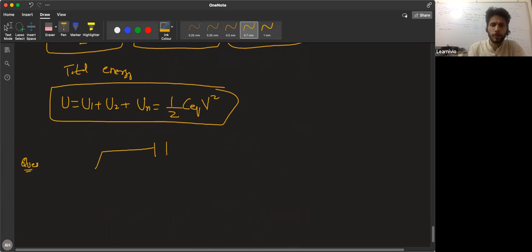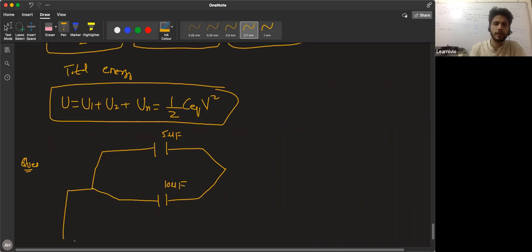You have two capacitors, one of 5 microfarad and another of 10 microfarad. They are connected in parallel to a cell of EMF 10 volt.